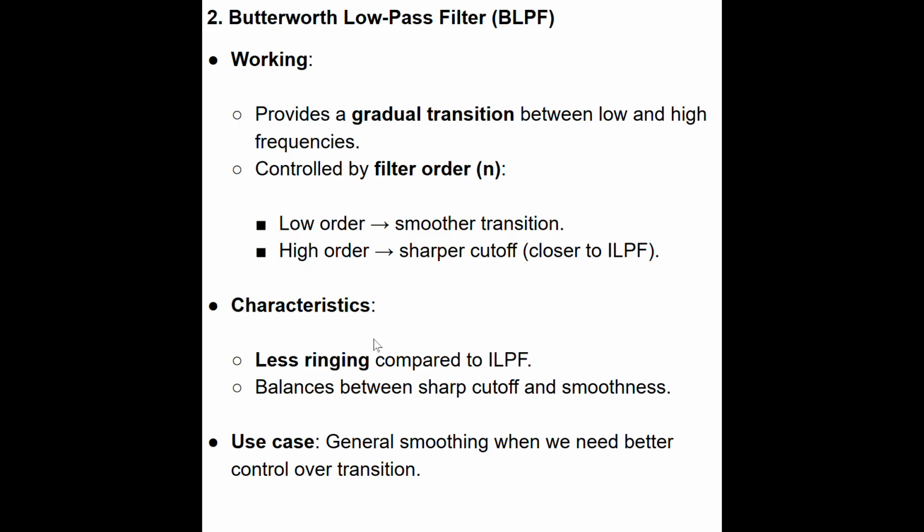The characteristic of this Butterworth low pass filter is that it gives you less ringing effect as compared to your ideal low pass filter, so it balances between sharp cutoffs and smoothness. The image should not be too sharp or too smooth. If my application needs this kind of thing, in that case I can go for the Butterworth low pass filter.